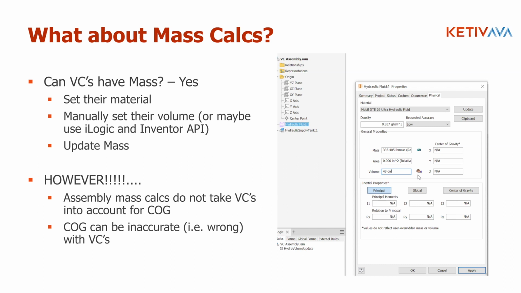There is no geometry for us to calculate the mass volume and its moments of inertia and principal moments and all that stuff. So the ASM kernel can't take virtual components into account when calculating the COG because there's no geometry there to account for. So unfortunately, if you have things like your hydraulic fluid and you need them for COG calculations, you must model them.